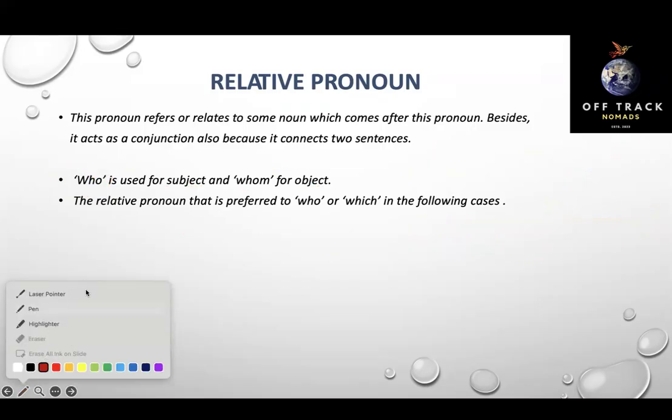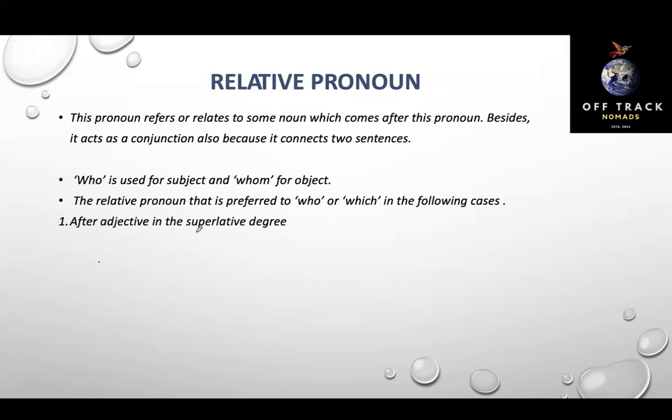The relative pronoun that is used in place of who or which in the following cases. For example, after an adjective in a superlative degree. So we can use that in place of who or which when we are using it after an adjective in a superlative degree.